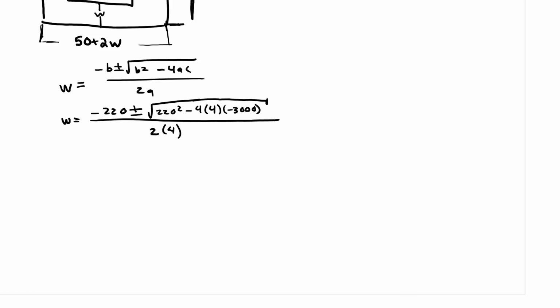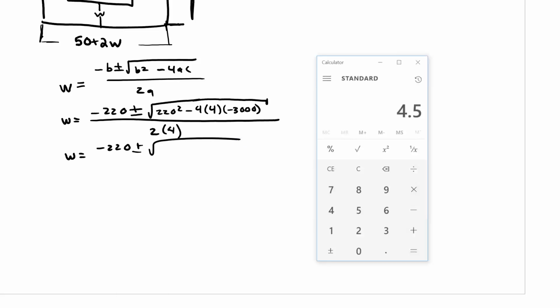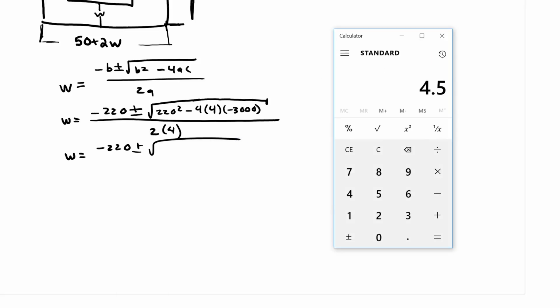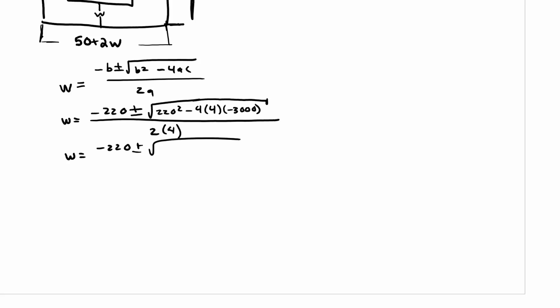Now it's just a matter of simplification. W equals negative 220 plus or minus, I'm going to bring up my calculator here. 4 times 3,000 is 12,000, and 4 times 12,000 is 48,000, and remember, two negatives make a positive. And 220 squared is 48,400.